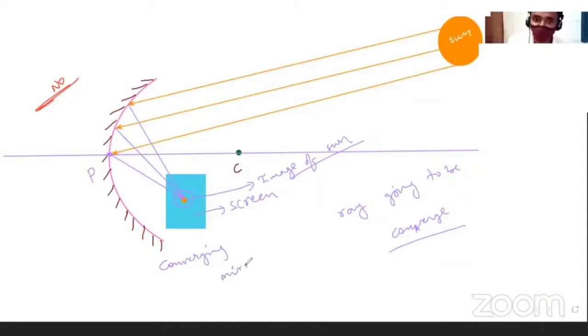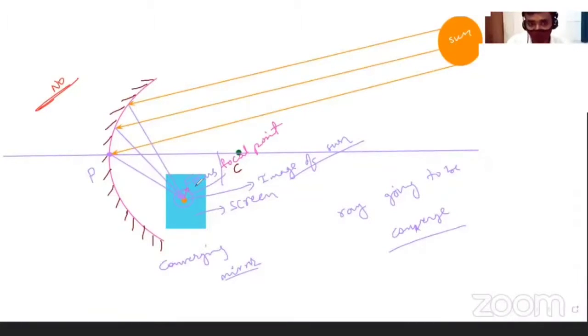Then the light rays are focused at a point. So that point is called focus, or also known as focal point. This point is called focus or focal point.